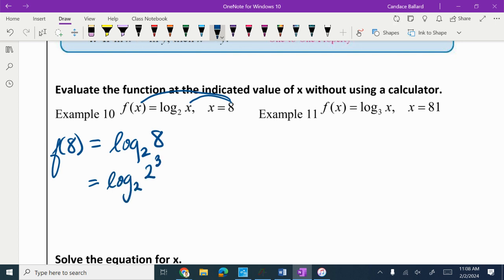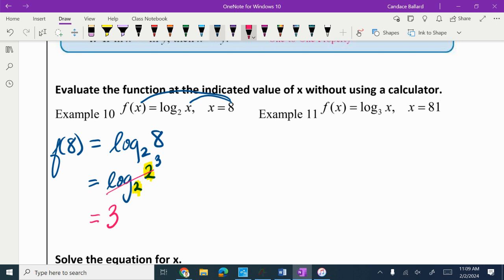It's 2 cubed. Check that out. Did I get the base and the number inside the log to match? Yeah. So we're going to use the terminology cancel. So it cancels. What's left? 3. It's ridiculously easy looking algebra.